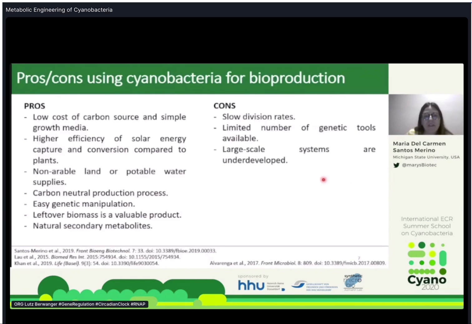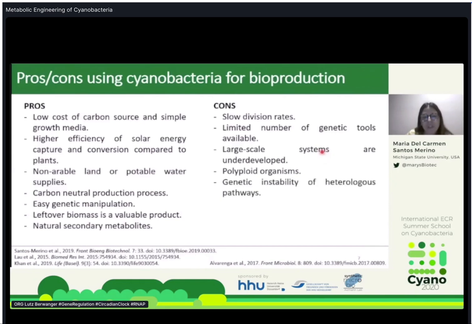Also, in order to use these organisms for large-scale production, we need to develop a system that allows us to do that. Cyanobacteria are polyploid organisms, and when we introduce a modification in the chromosome, we need to be sure that all the copies contain this modification, and because of that, the segregation processes are longer than normal.